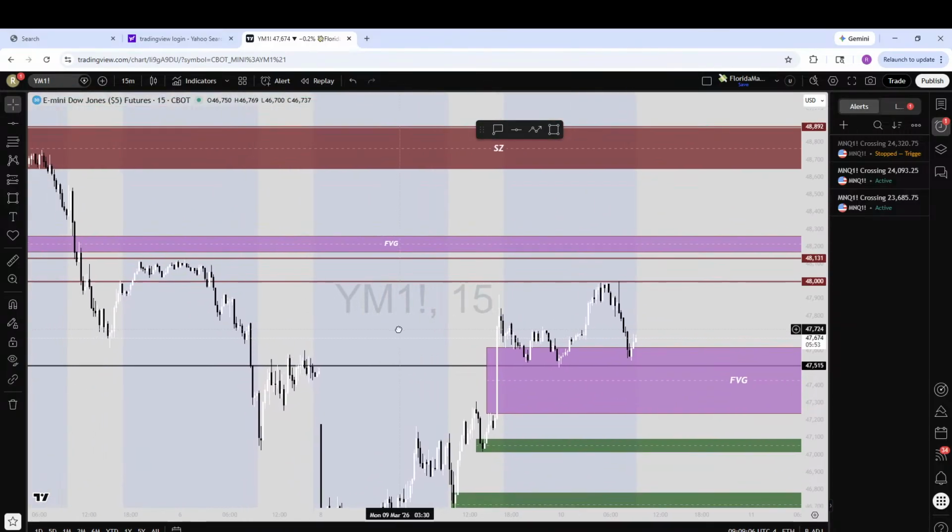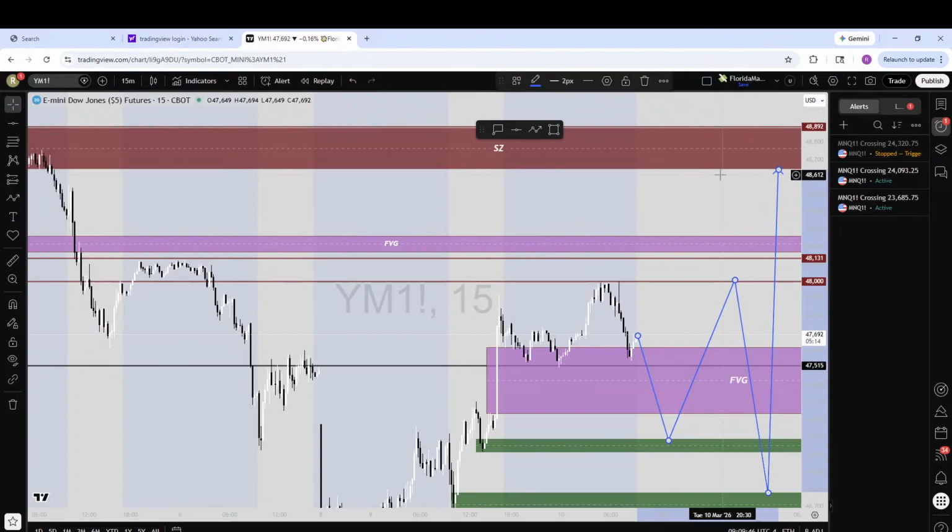If when the market opens it might go like that, come here to this buy area, and then go back to this area of resistance, and maybe come back to this other buy area, and then go to this fair value gap or to this area of resistance. So that's one thesis.